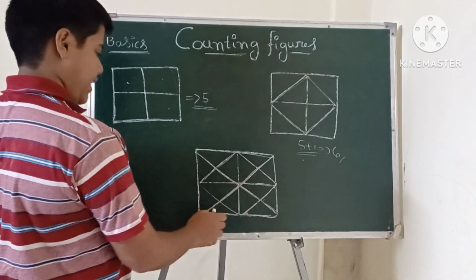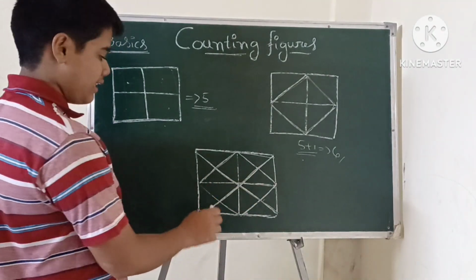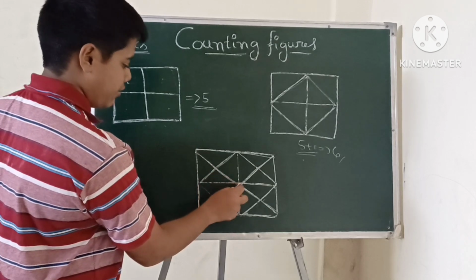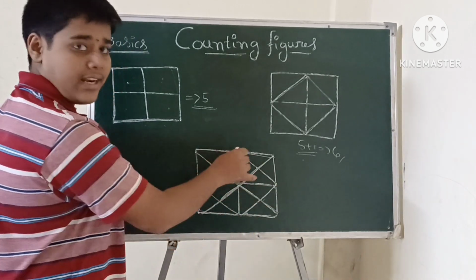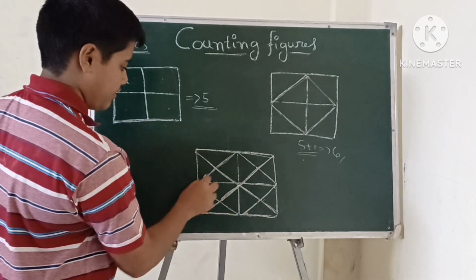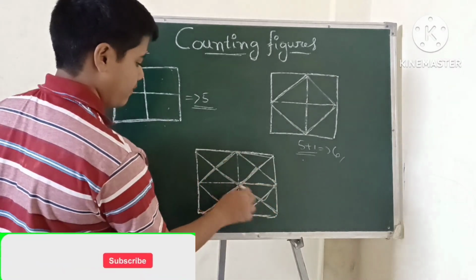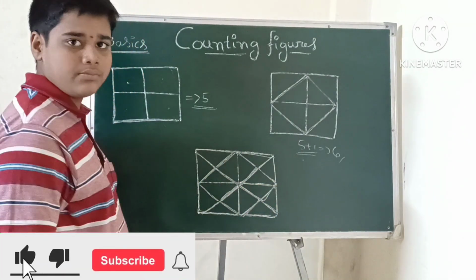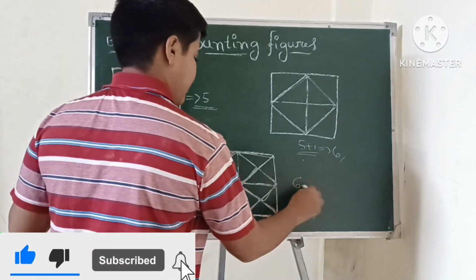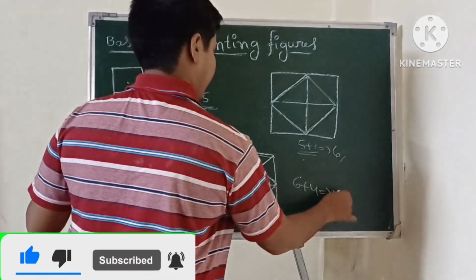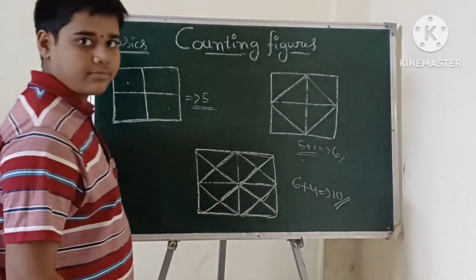Okay, so these lines again divide the inner square into 4 squares like this. 1, 2, 3, 4. Okay, so here 6 plus 4, 10 squares are there.